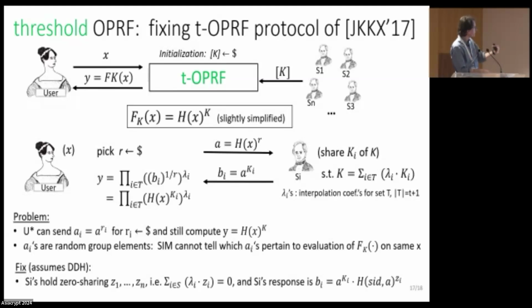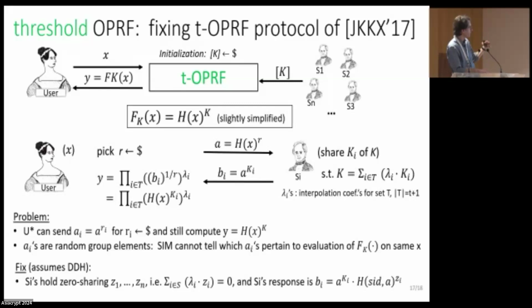Here is how we fixed this in this paper. So the basic single server OPRF that we support here looks like this. It's the hash of the argument exponentiated to the key. It is easy to secret share, right?